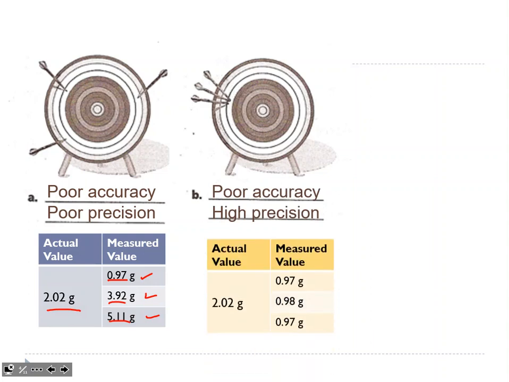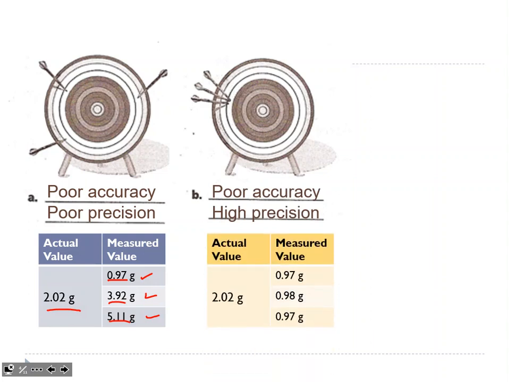A data set that looks like this has poor accuracy but high precision, as you can see, the actual value being around 2. These measured values are more around 1, but they're very close to one another. So this data set is precise, but it doesn't hit the accepted or actual value, so it would be poor accuracy.